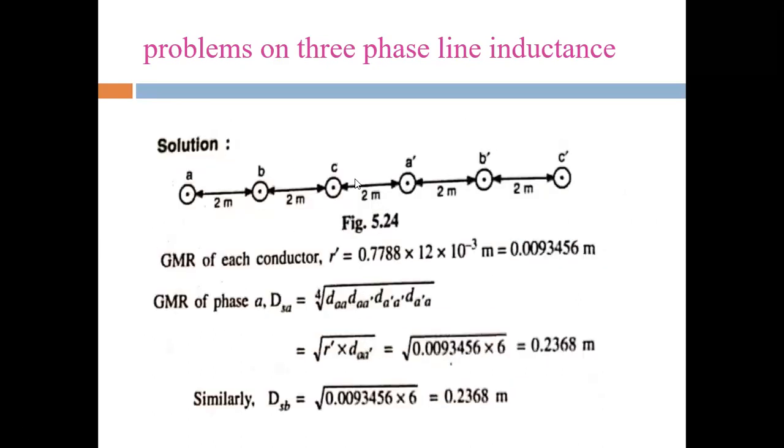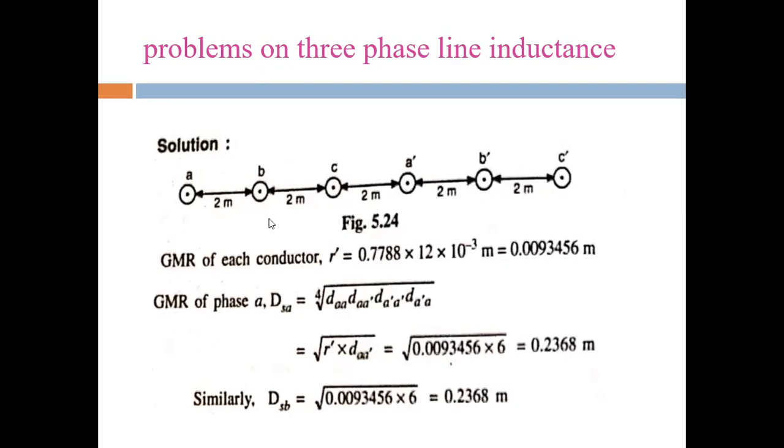This is the given problem: A, B, C and A dash, B dash, C dash conductors. These six conductors are arranged in a line from left to right.